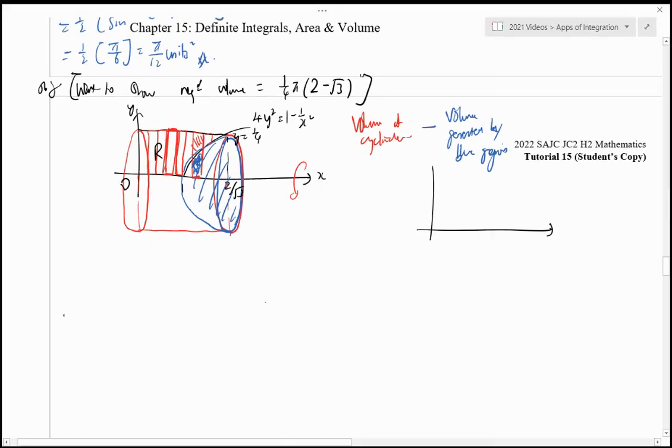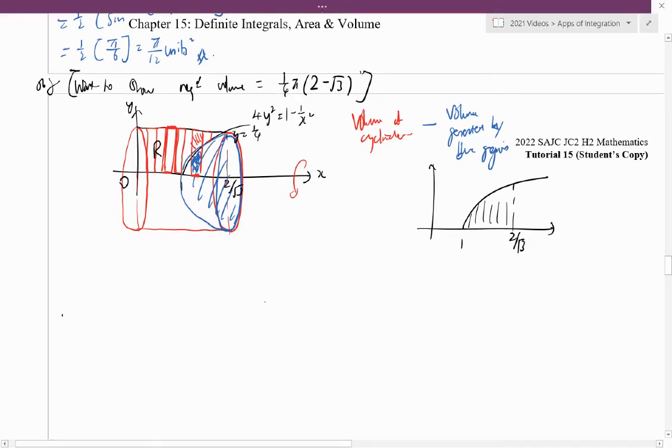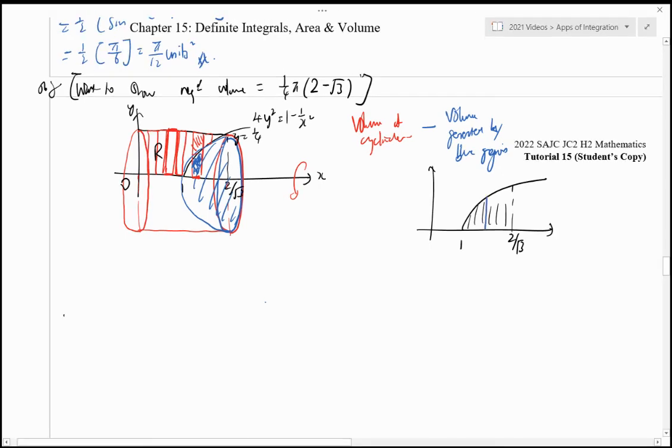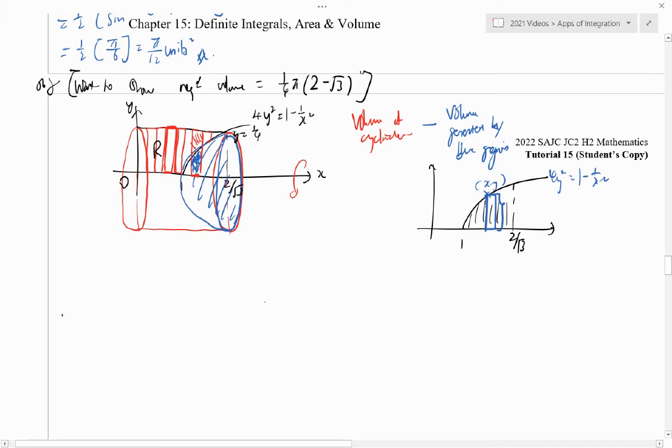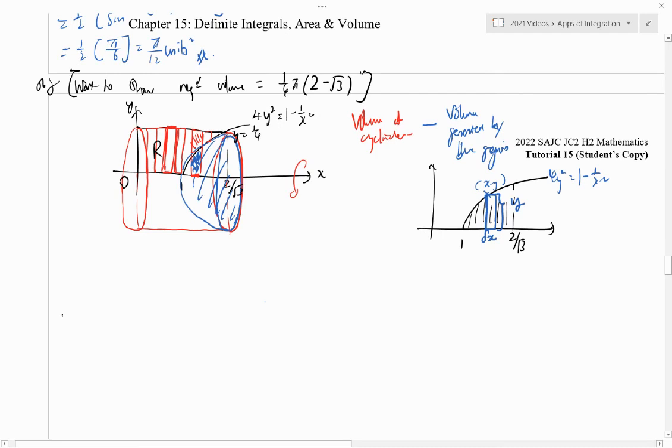Based on the curve, it looks like this. So I'm interested in this portion. Notice that I can draw a rectangle here. Its height, based on the graph, this point is (x, y). So the height will be y and the width is delta x.